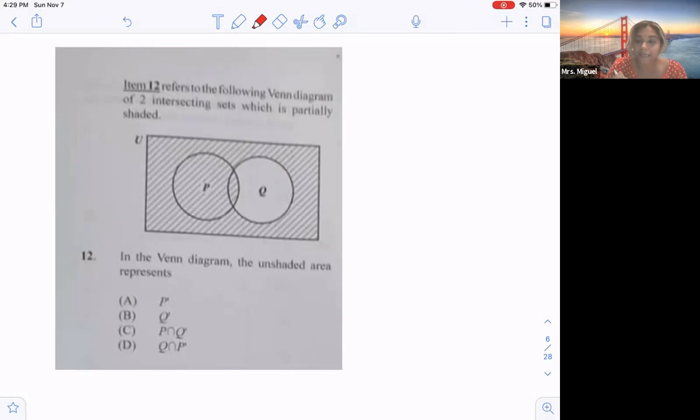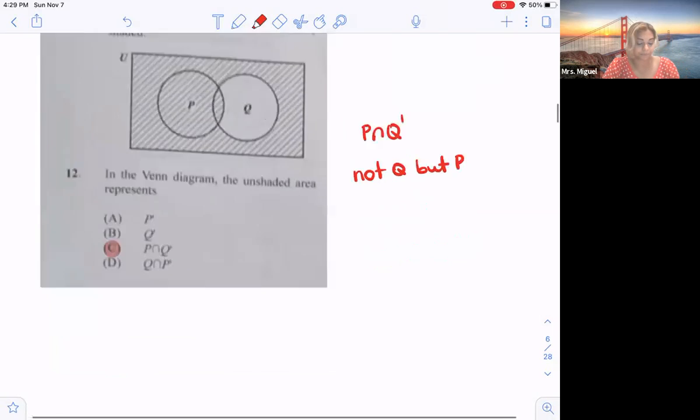We don't want any part of Q to be shaded, right? It means not Q, but P. So P is shaded, but nothing in Q. So this answer is P intersect Q complement.